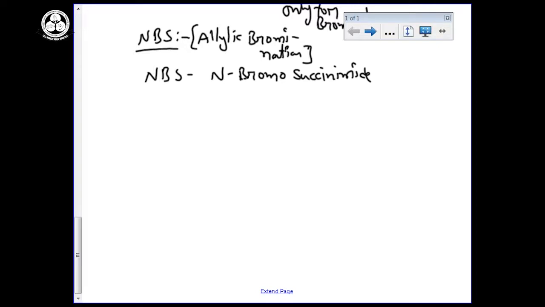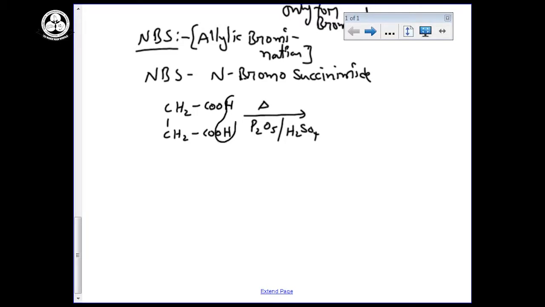First I am taking succinic acid, CH2COOH, CH2COOH. I am heating it with P2O5 or concentrated sulfuric acid. Dehydration I am doing. Dehydration means I am removing oxygen from here and OH from here.